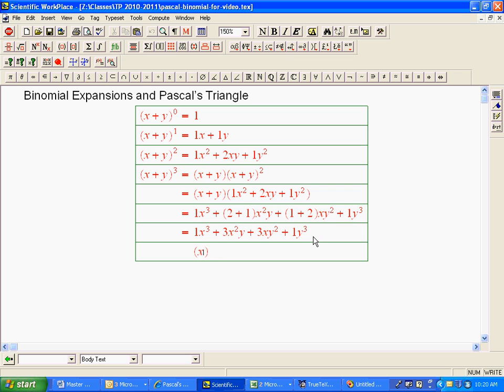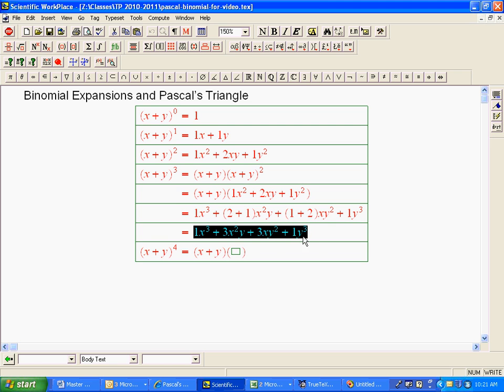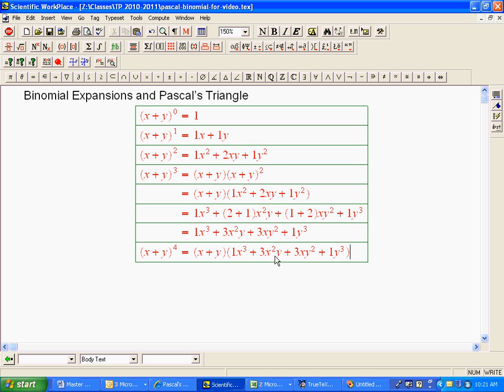Let's do it one more time. And that's going to be x plus y times this whole thing. Well, let's see, x times the x cubed is going to be 1x to the 4th plus, let's go ahead and do x cubed y.